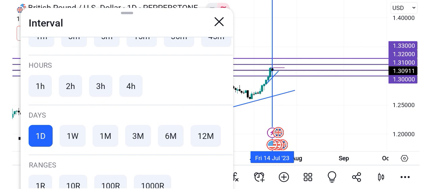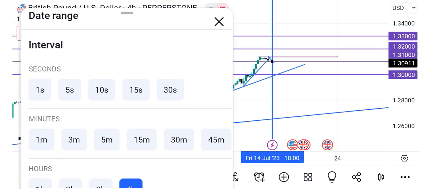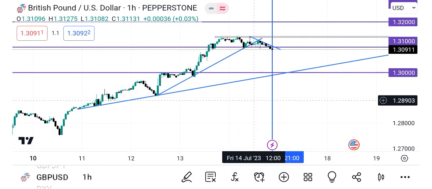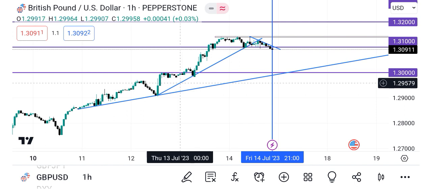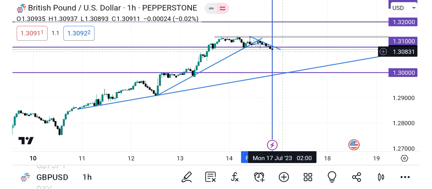It's a bullish run. However, there is a trend line that price has just broken. One touch, two touch, three touch. There's some form of ranging here, and price is breaking below 1.31 thousand.